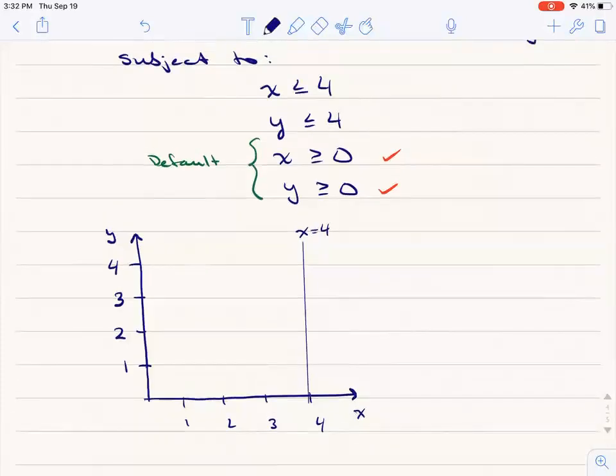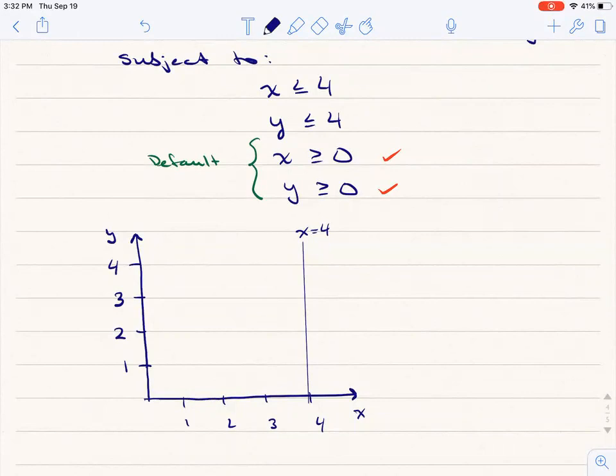If x has to be less than or equal to 4, that means that we're working on this side. And so all that's saying is that everything on this side of this line, and this line keeps going and going, right? Everything that's less than 4 is good, right? That satisfies the restrictions. Okay?